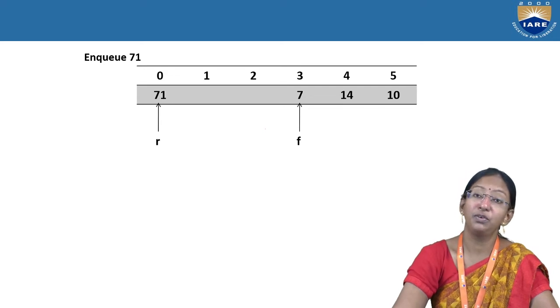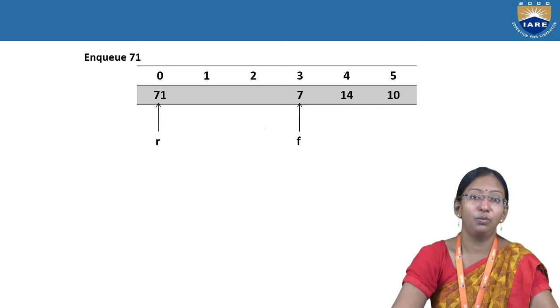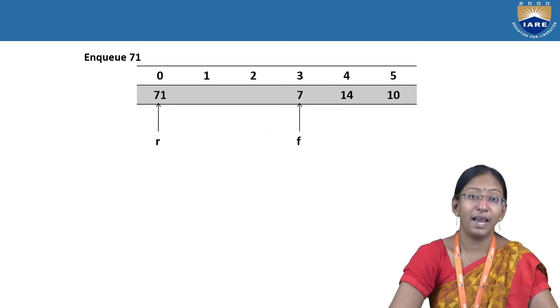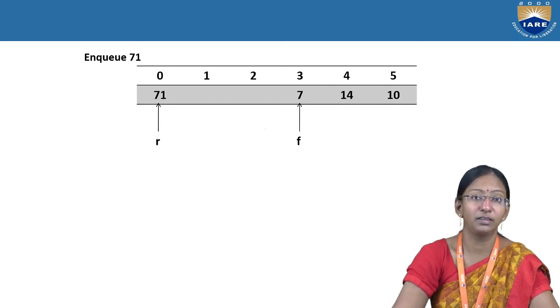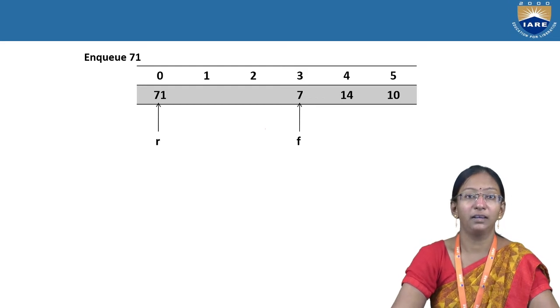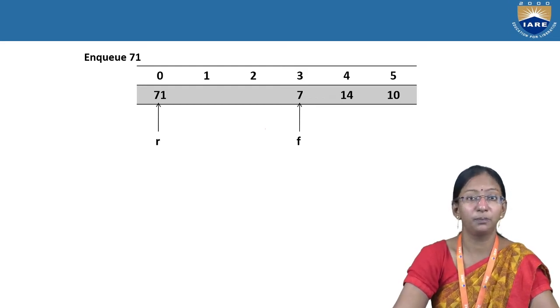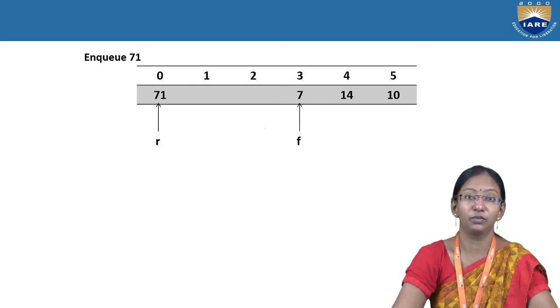Yes, you can see previously in a linear queue, rear was always ahead of front, or you can say front was behind rear. But the story can turn topsy-turvy in the case of circular queues. Now you can say R is behind F. Pictorially, I'm just saying it pictorially. Okay.